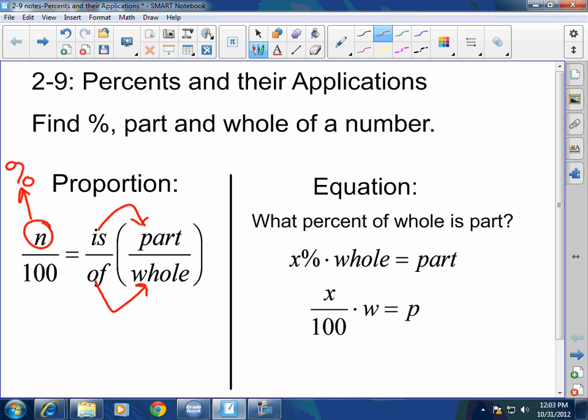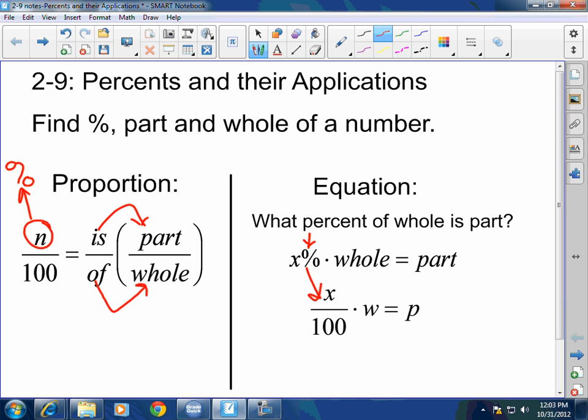If I want to write the word problem in an equation, it's done as such. What percent? What do we call something we don't know? We call it x. So x percent. It's kind of tricky working with x and the percent symbol. A lot of people forget to move the decimals at the end. So I made it a lot easier. Whenever you have an unknown percent, it's x over 100.